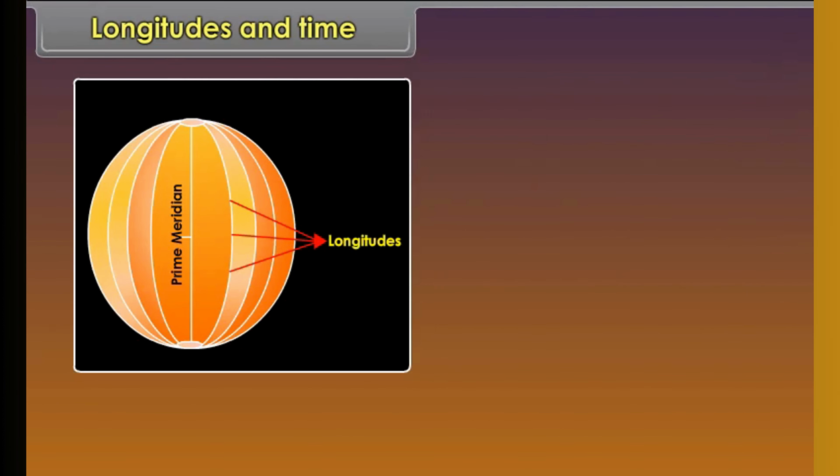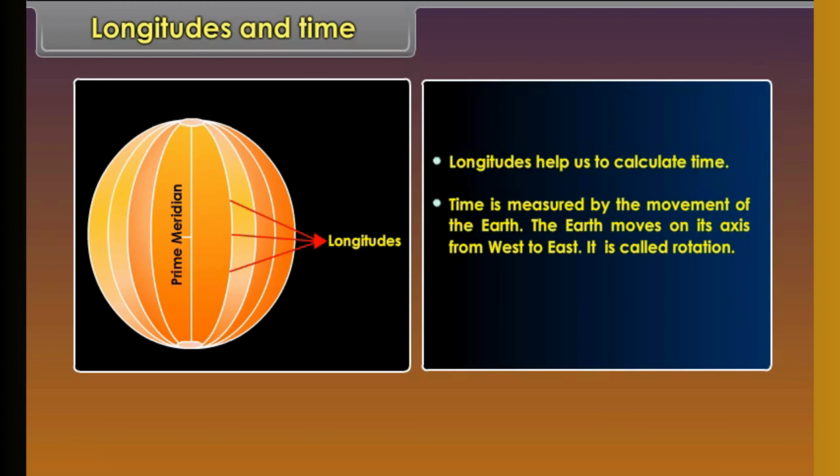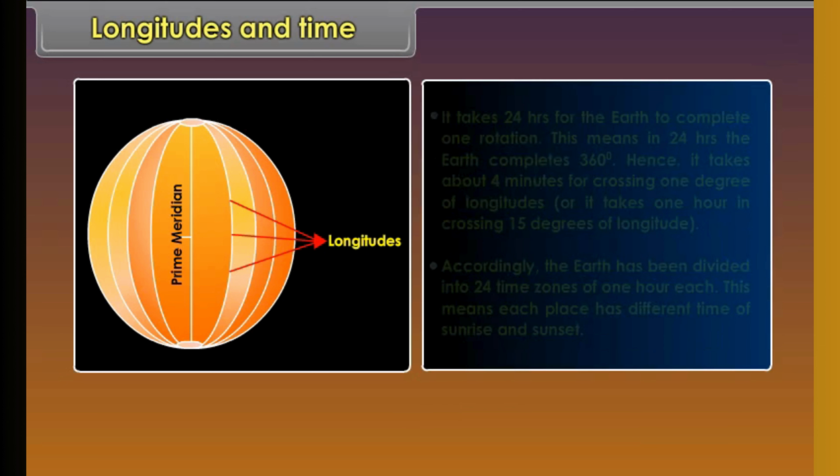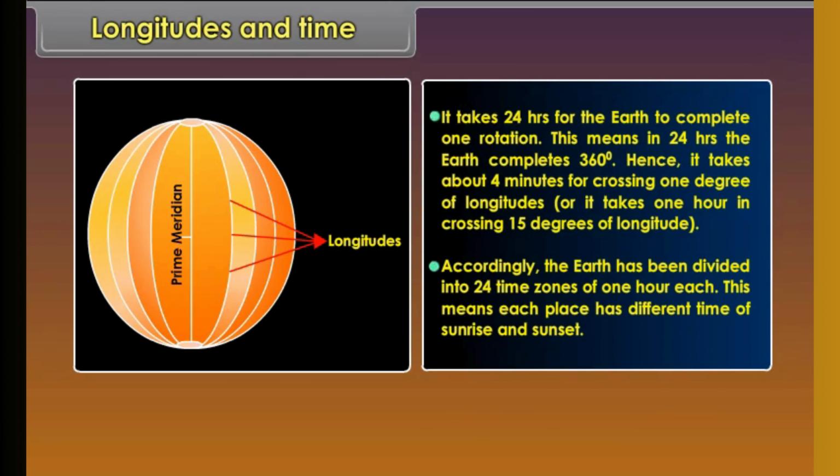Longitudes and time. Longitudes help us to calculate time. Time is measured by the movement of the Earth. The Earth moves on its axis from west to east. It is called rotation. It takes 24 hours for the Earth to complete one rotation.